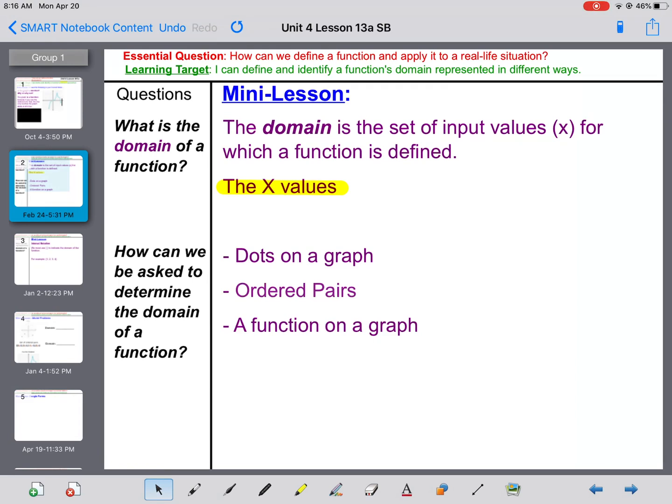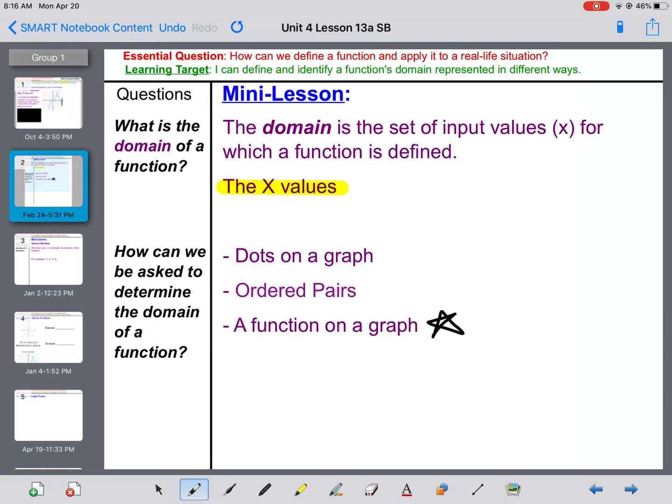Okay, and there's many different ways that we can see a function, right? So the next question is, how can we be asked to determine the domain of a function? All right, so the first way is dots on a graph. The second way is ordered pairs. And the third way is a function on a graph.